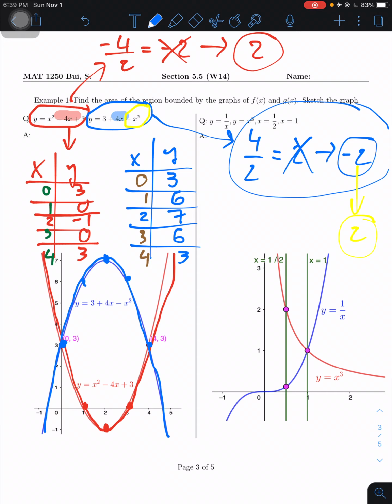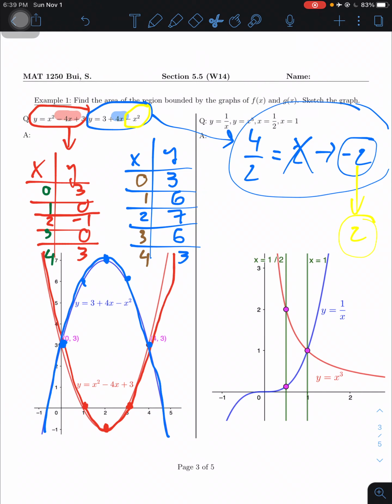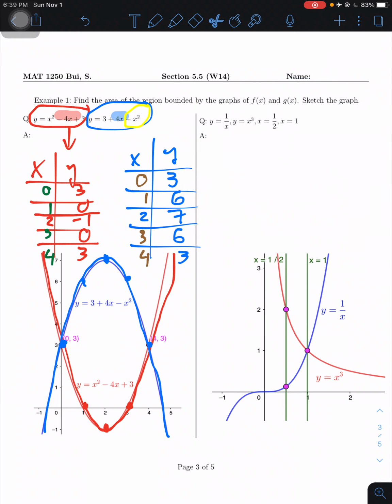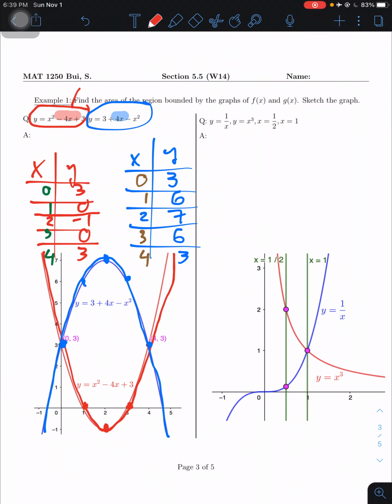And then, like what I promised earlier, let me go ahead and share with you guys how to know exactly what center we're going to get each time, so we don't have to pay attention to all the signs and the middle term and all things like that. If you remember how to complete the square for this one, it's going to be x squared minus 4x, and then we're going to have to plus an additional number in there.